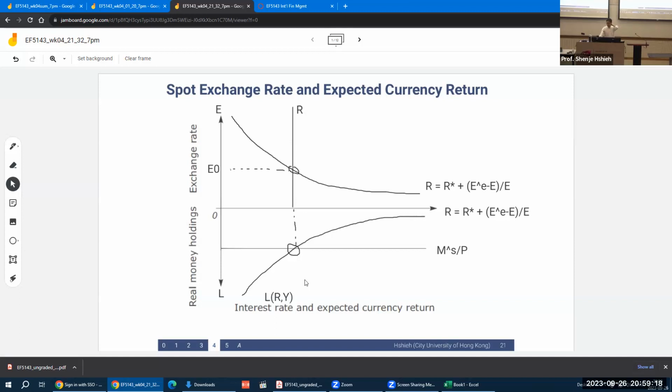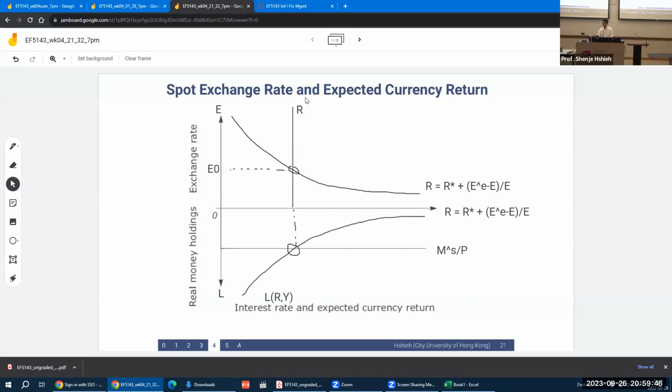Comments, questions on what I just did? To summarize, I've taken the graph from last week, which is E versus R. We learned that E versus R is downward sloping in the UIP equation. The way to interpret this line is that every point on it is where UIP is at parity, satisfied.